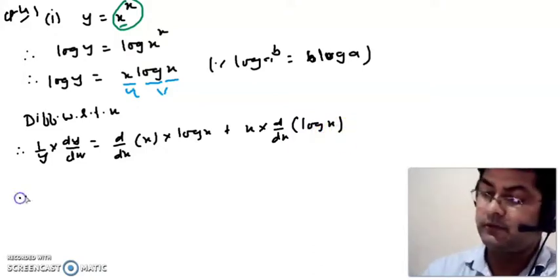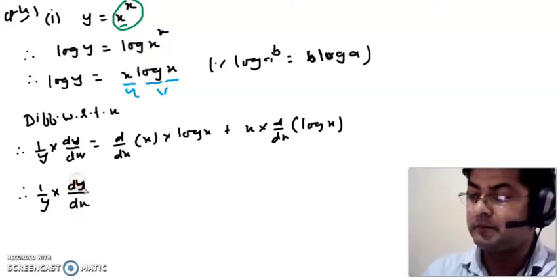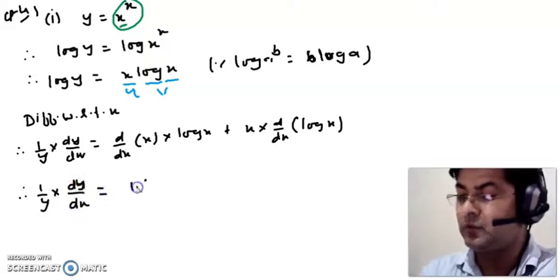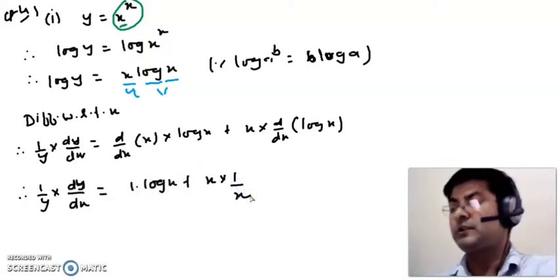Okay, therefore 1 upon y into dy by dx is equals to 1 into log x plus x into differentiation of log x is 1 upon x.